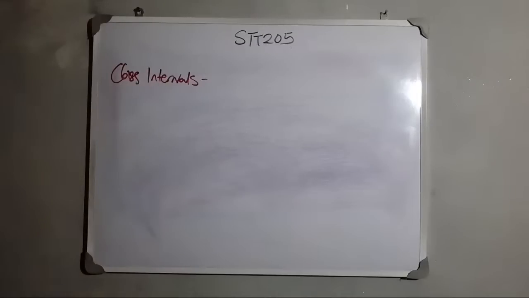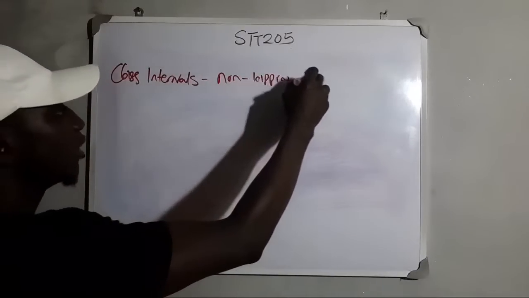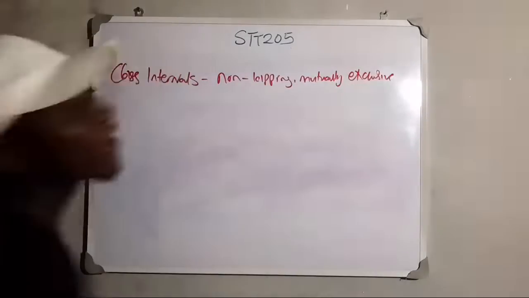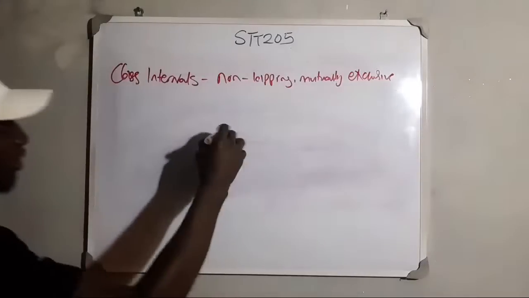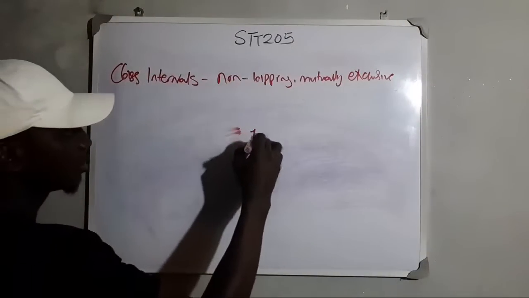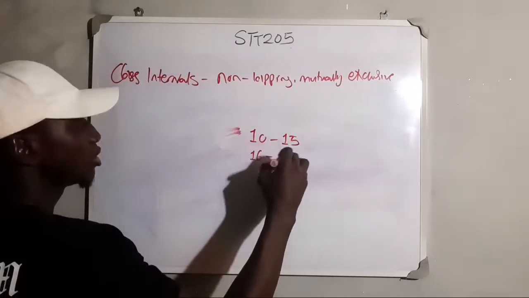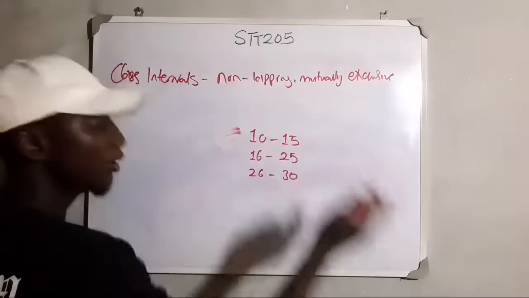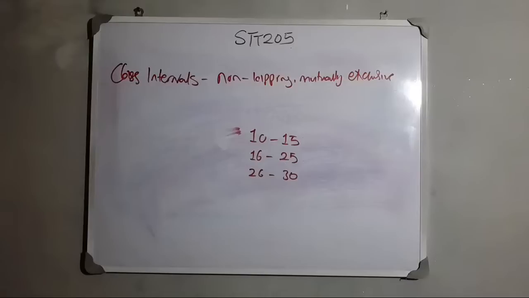Each interval is independent, non-overlapping, and mutually exclusive, meaning that if one stops here, like we have 10 to 15, 16 to 25, let's say 26 to 30, they are mutually exclusive, non-overlapping, and independent.